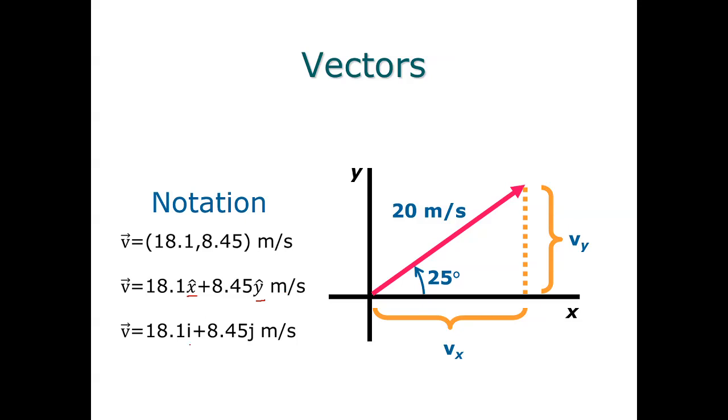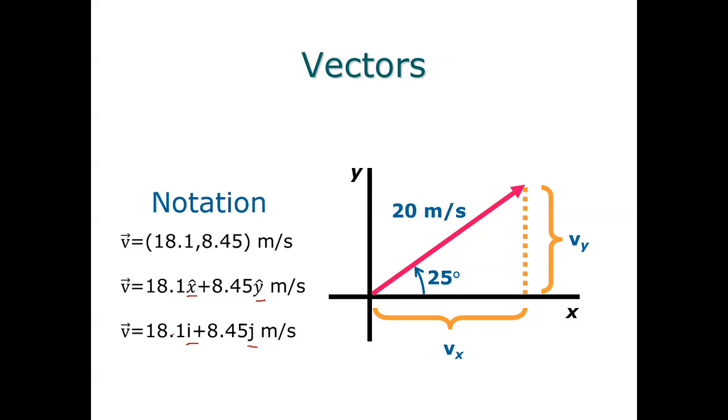So in general, we use i and j. i corresponds to the unit vector along the x-axis, and j corresponds to the y vector. So all this is really saying is that it's 18.1i and 8.45j.